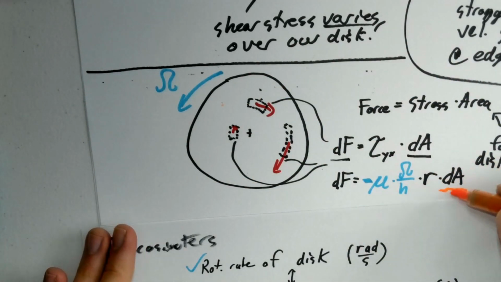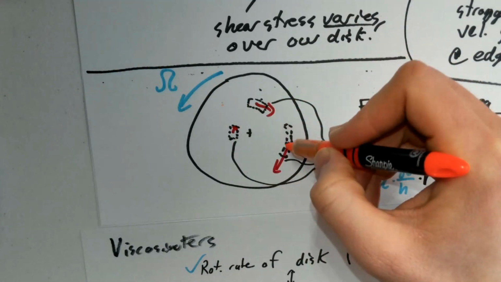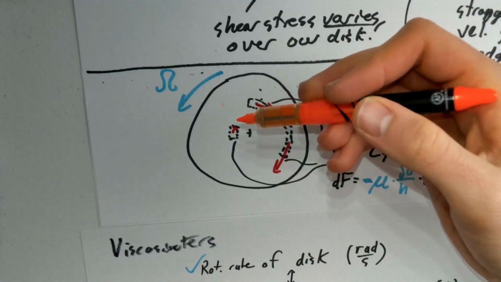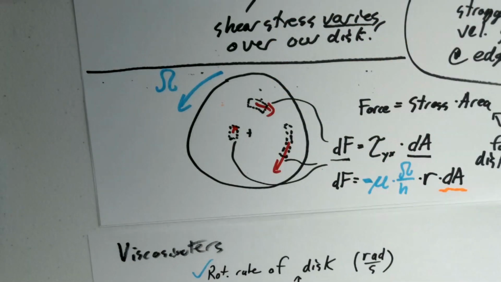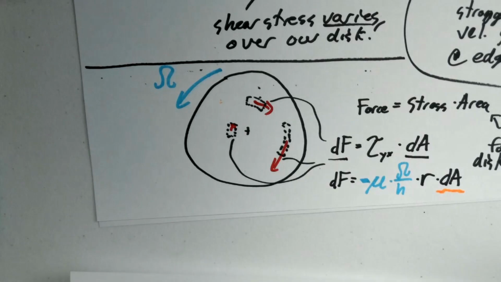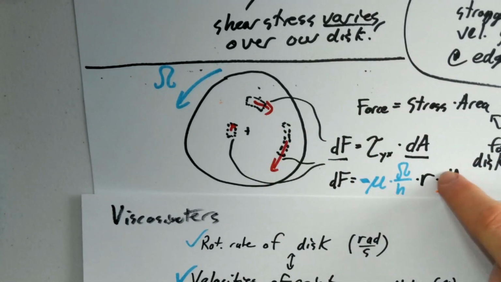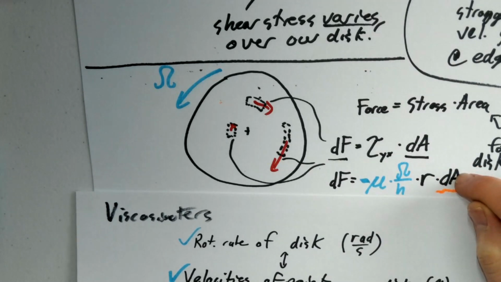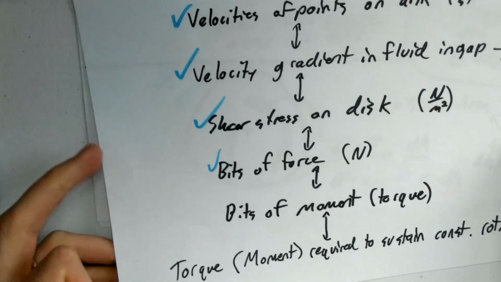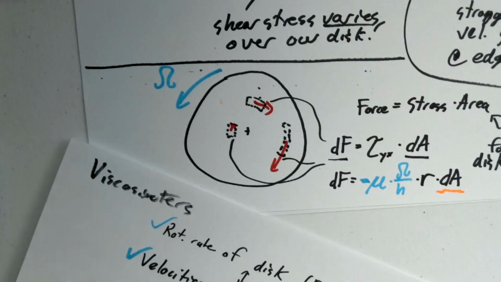How do I mathematically define what the areas of these little chunks are? What's a logical way to break up the disk into a bunch of little chunks? So two questions that we haven't really answered. How do I break up the disk into a bunch of little chunks? What can I algebraically put in for little bits of area? And how do these forces relate to moments? So let's try to answer those questions now.